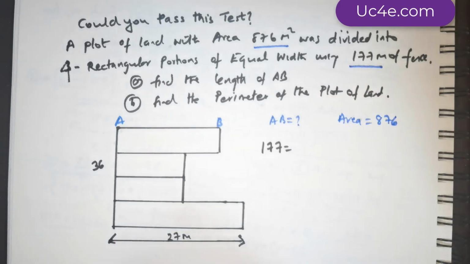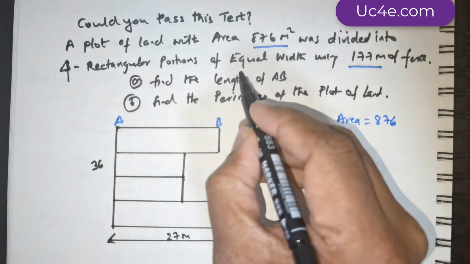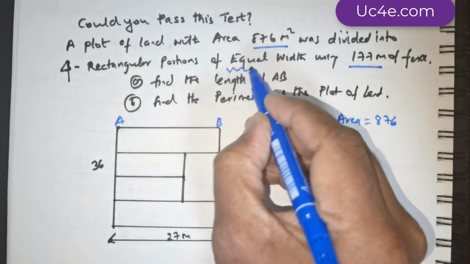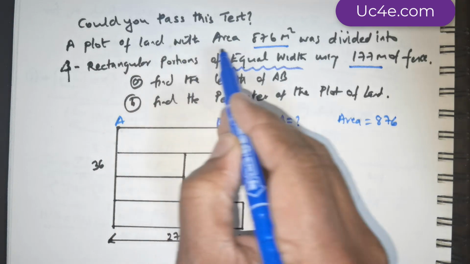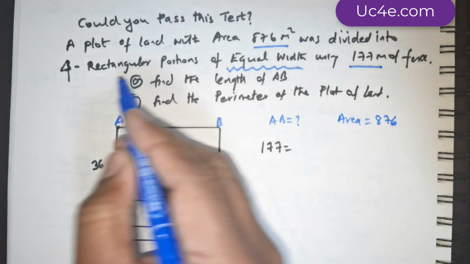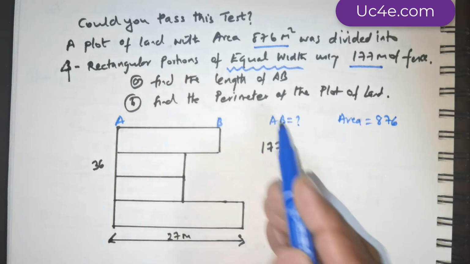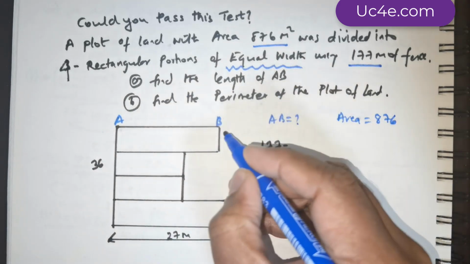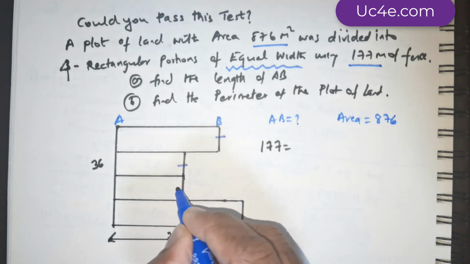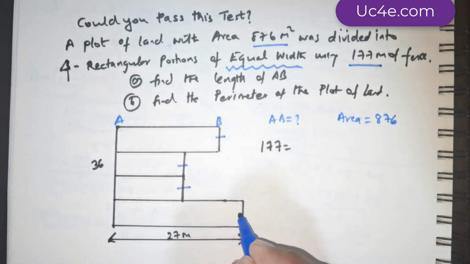So before that, the vital observation that you will have to make here is this. A plot of land with area 876 square meters has been divided into 4 rectangular portions of equal width. So this is equal to this, which is in turn equal to this, which is in turn equal to this.